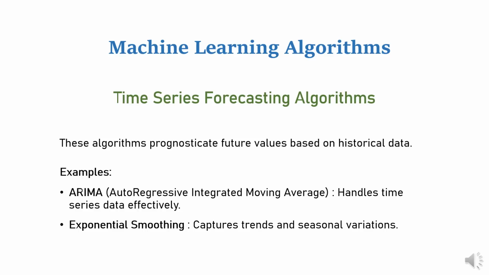Time series forecasting algorithms. These algorithms prognosticate future values based on historical data. Examples: ARIMA, autoregressive integrated moving average, handles time series data effectively. Exponential smoothing captures trends and seasonal variations.